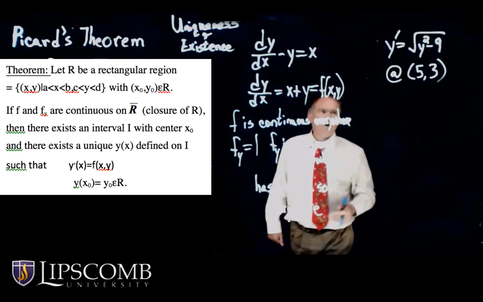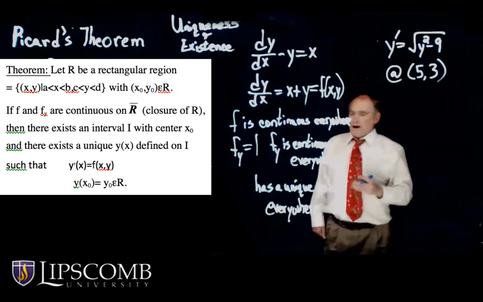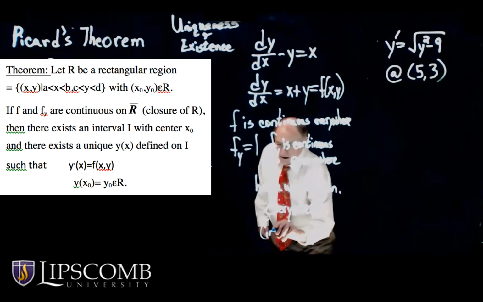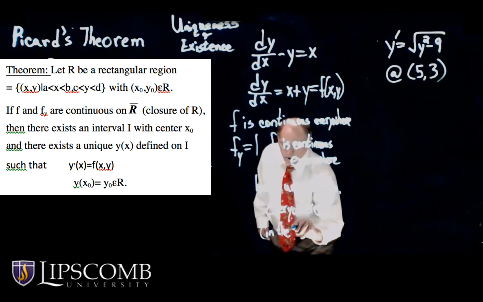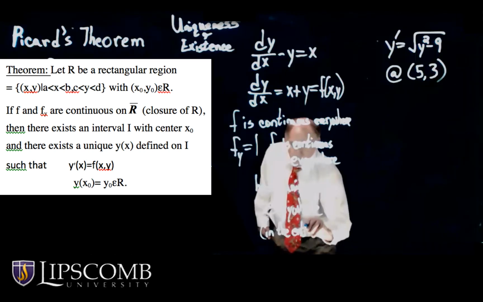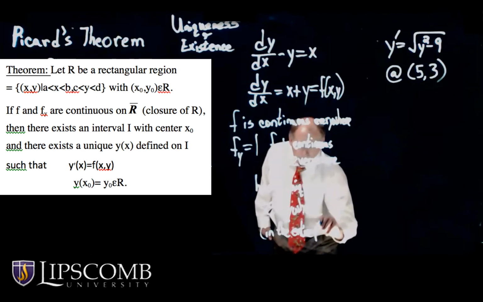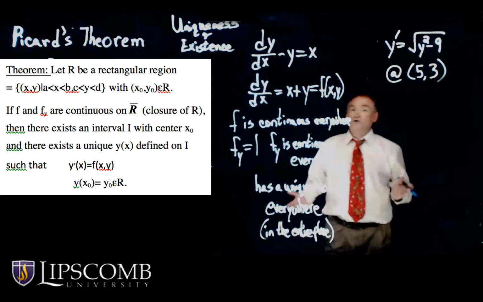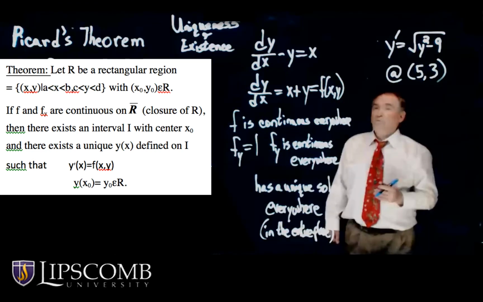There's no constraints. So everywhere, and I'll put in parentheses, in the entire plane. So we remember that we're talking about R2, not R1.